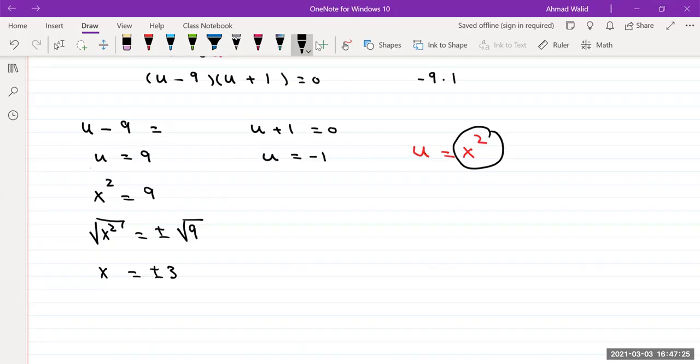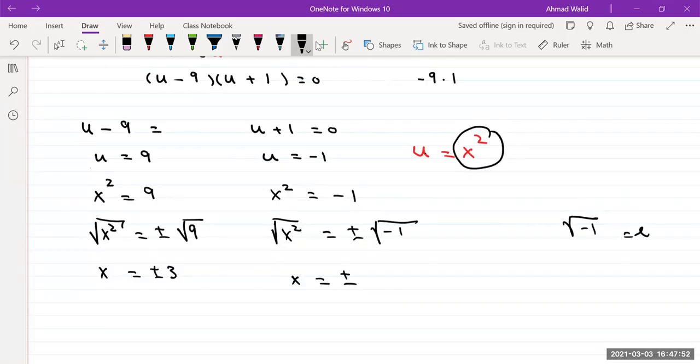Also, I have u equals negative 1. It means x squared equals negative 1. Again, taking the square root from both sides, square root of x squared equals plus minus the square root of negative 1. It means x equals plus minus the square root of negative 1. Remember, we named the square root of negative 1 i.